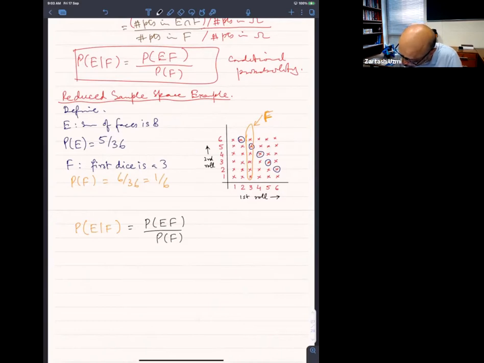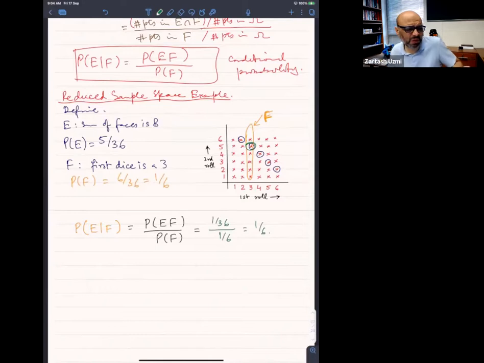What is the probability of E and F together? देखिए कहाँ पे intersection हो रहा है E और F का. सिर्फ एक ही point है जहाँ पे intersection हो रहा है. And that point is this green guy. So this is 1 out of 36 divided by probability of F, which is 1 out of 6. So ये आपके पास 1 by 6.